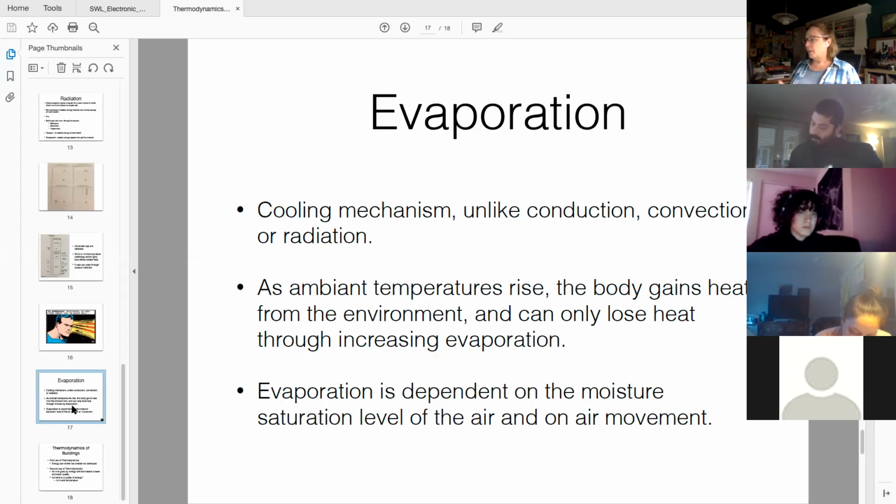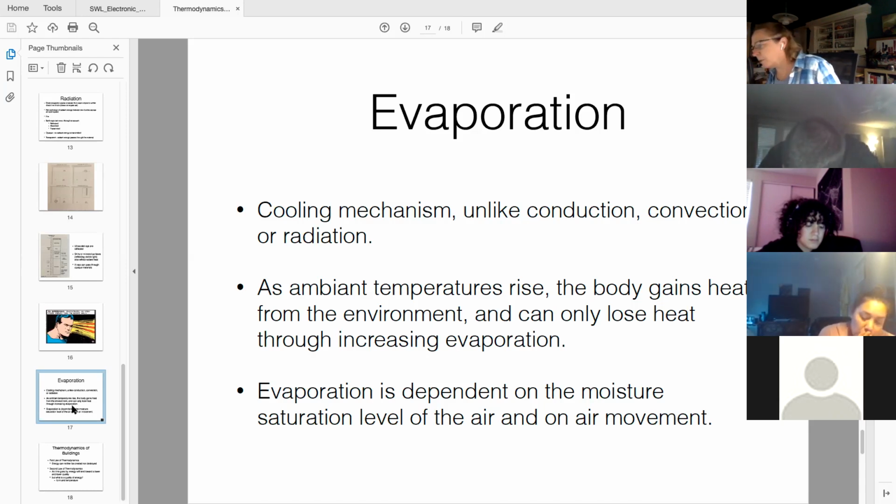As the temperature rises in the atmosphere, we start absorbing more heat from around us, and the way our body can feel cooler is through evaporation, also known as perspiration for humans, which is why evapotranspiration makes us feel cooler if we're feeling moisture evaporating off of us or from around us.